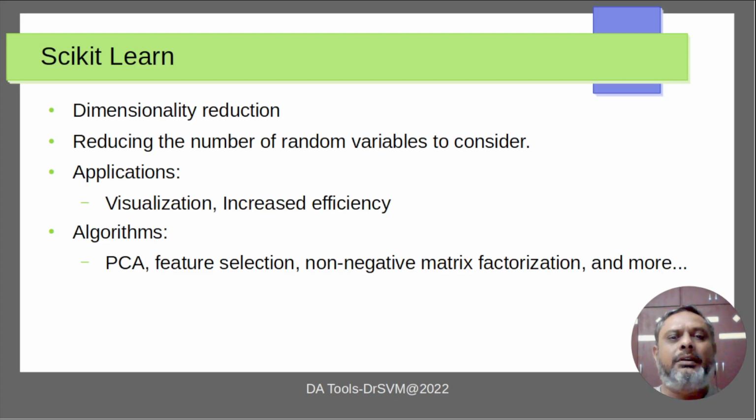Are they easily classifiable? Can we go for a linear regression or non-linear regression and so on? So many issues are related with the higher dimensions. The more dimensions, the more the problem.